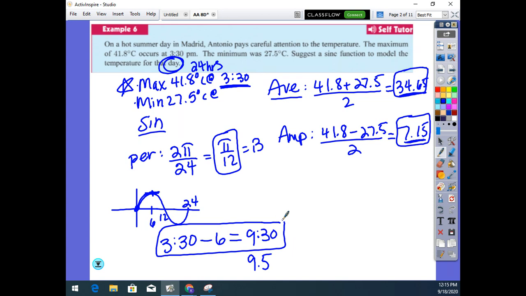So let's incorporate everything into our function. We start with our amplitude, the distance from top to the middle.